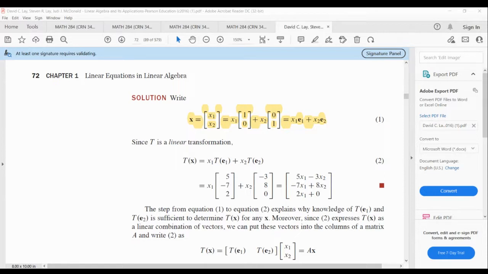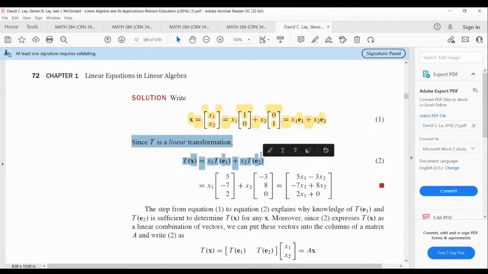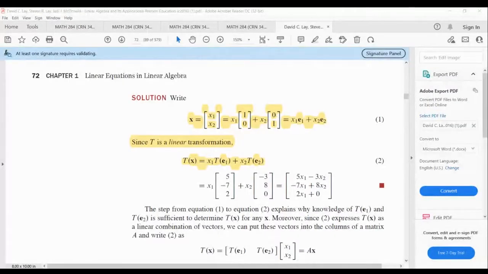Now, since T is a linear transformation, the transformation of the vector x is equal to what you see. There's a step they left out, but let me go to the whiteboard here and show you that step.